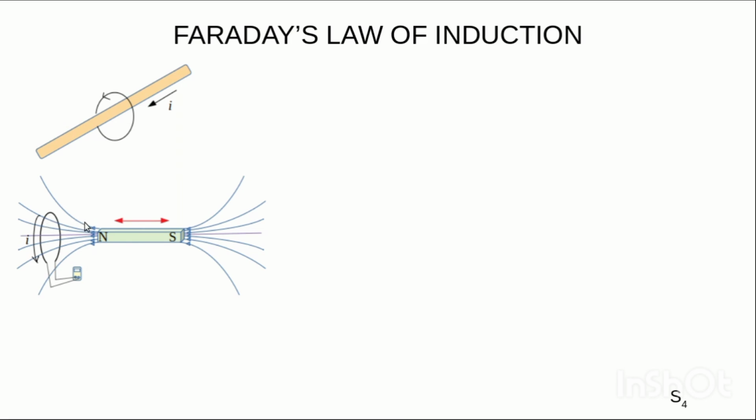Then the magnetic field cuts across this circular loop made up of a conductor. As long as this bar magnet moves to and fro inside this loop, there will be an induced current, which will be detected by this galvanometer.